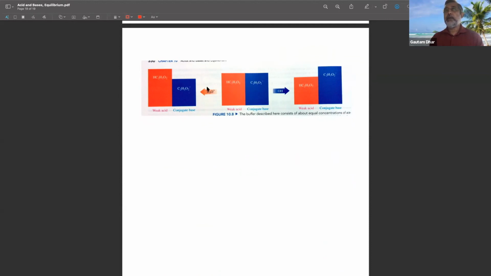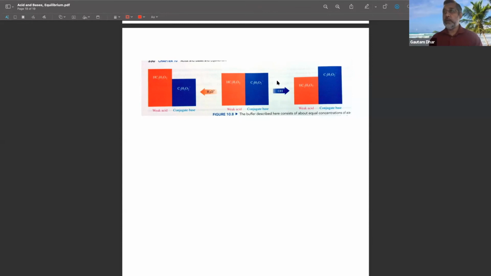And overall, whatever additional H3O plus you added will get removed. So there will be no change in pH. And if you add a base, the base will react with this acid, and that is decreasing, your salt is increasing, but in the process, the additional OH minus that you added is getting removed. So the concentration of the H plus, that means the pH, is maintained.